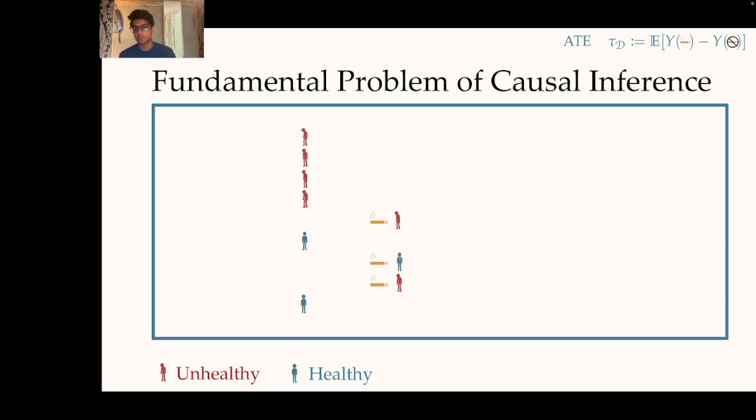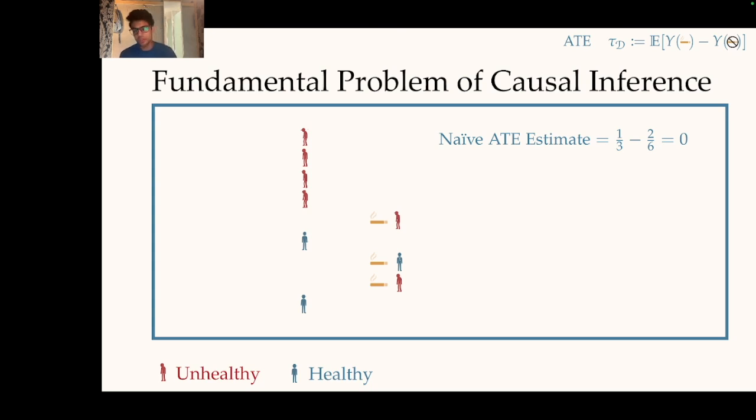One consists of all the individuals that smoke, and the other consists of individuals who do not smoke. And then say the estimate of the average treatment effect is the difference in the average health of the individuals in these two parts. In this example, this would tell us that smoking has no impact on the individual's health.